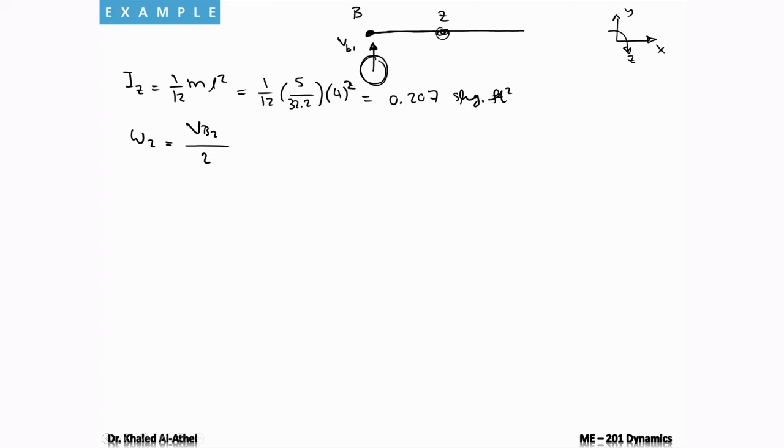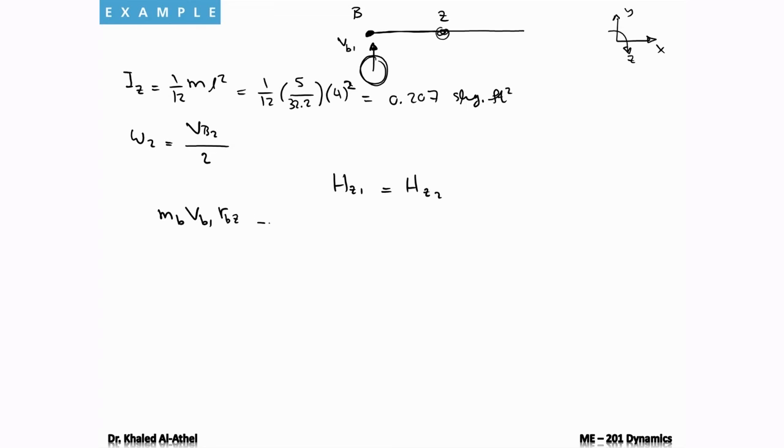So what do I have now? I have H_z1 should equal H_z2. First I have the ball coming in at initial velocity, so it's going to be m_b, and then the velocity of the ball, given to me as v_G1. Instead of G, I'm going to use the same terminology, v ball 1, times r between b and z to make it angular momentum.